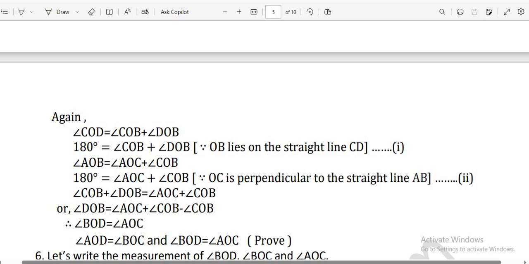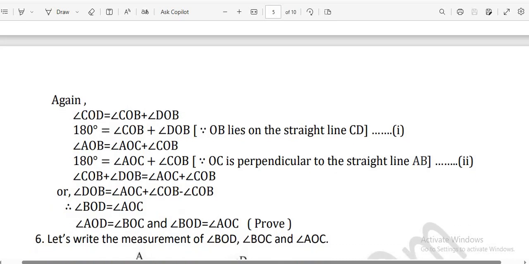Now angle BOD is equal to angle AOC. Hence, it is proved that angle AOD is equal to angle BOC and angle BOD is equal to angle AOC, and at the same time they are vertically opposite angles.